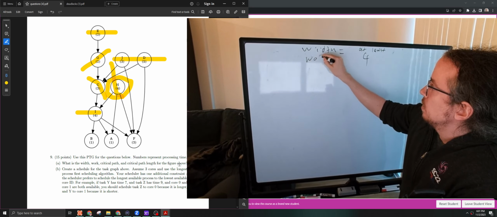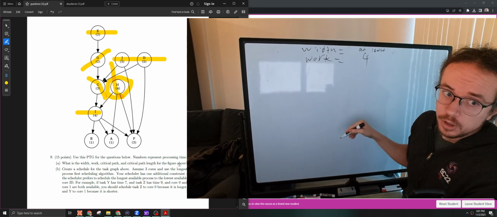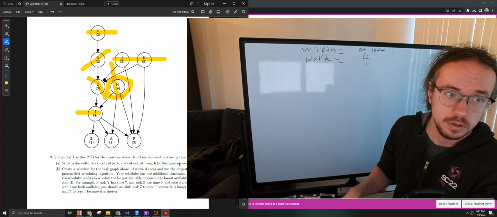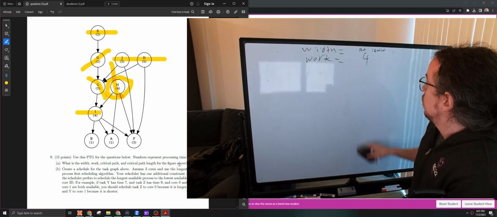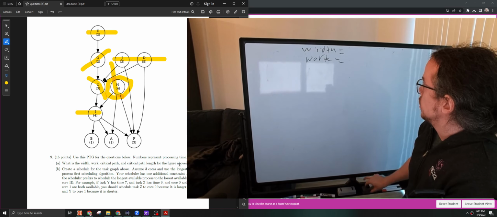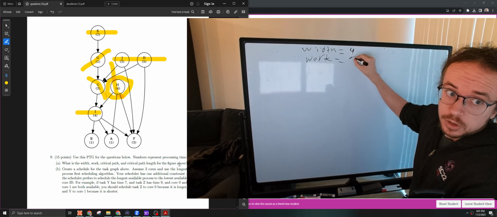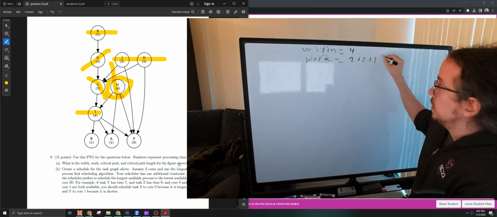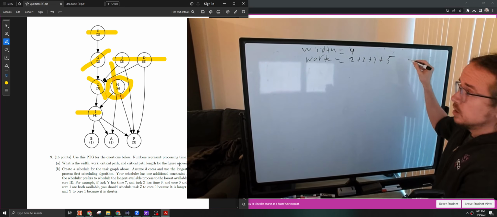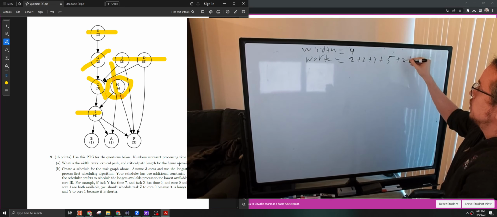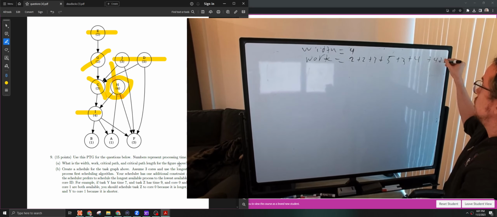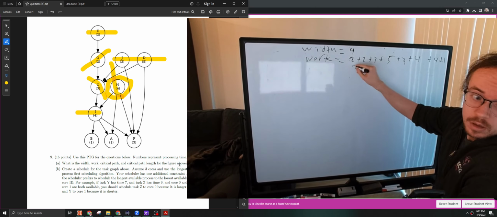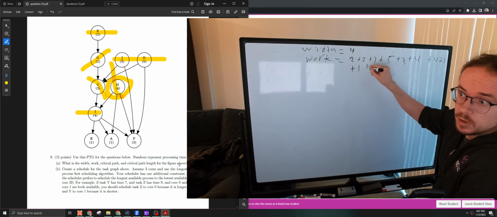The work, you just sum up all the nodes. So you do 2 plus 2 plus 3 plus 5 plus 3 plus 4 plus 4 plus 1 plus 1 plus 3.